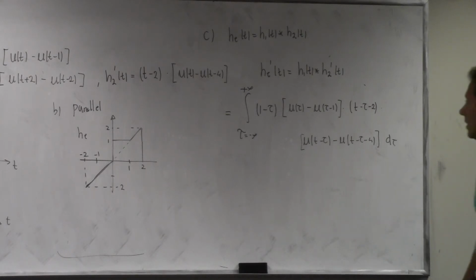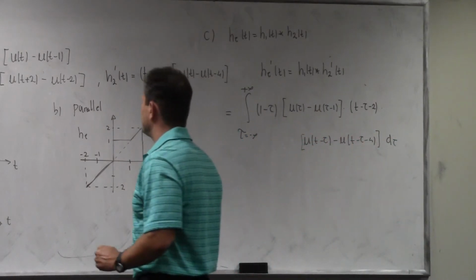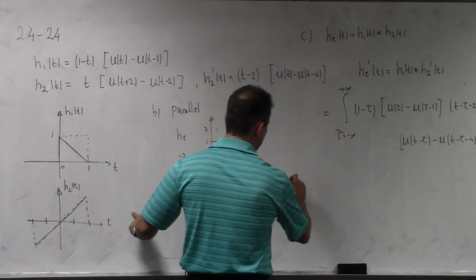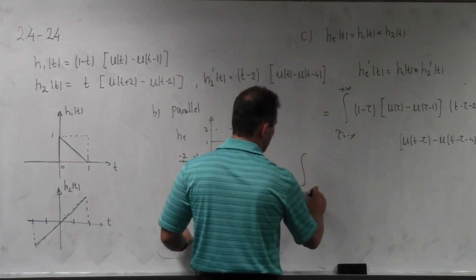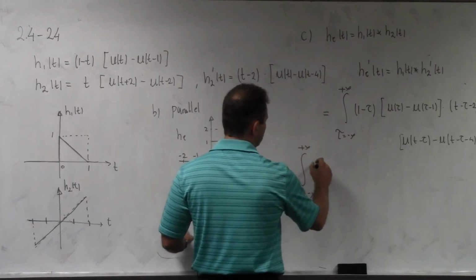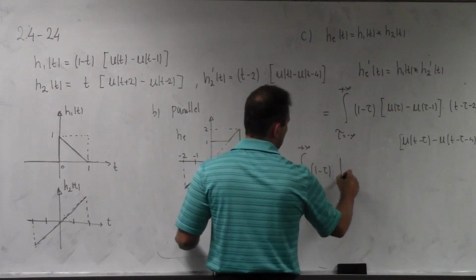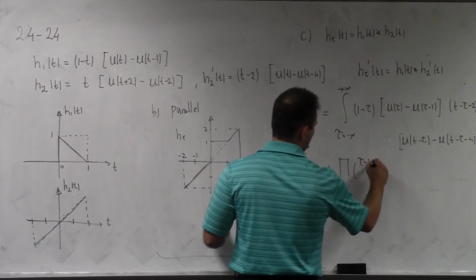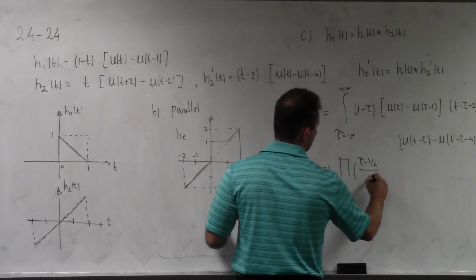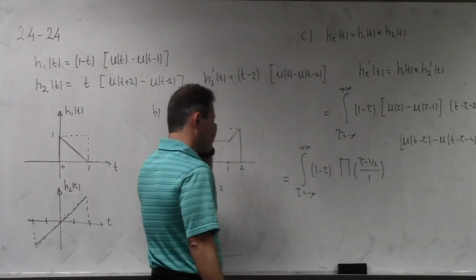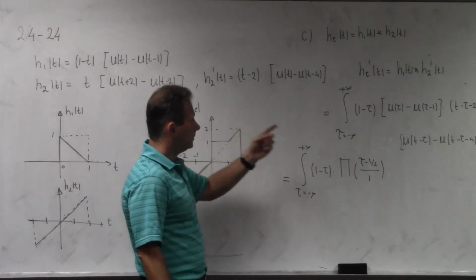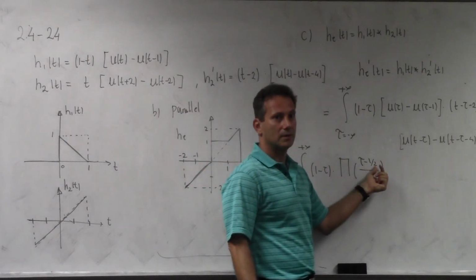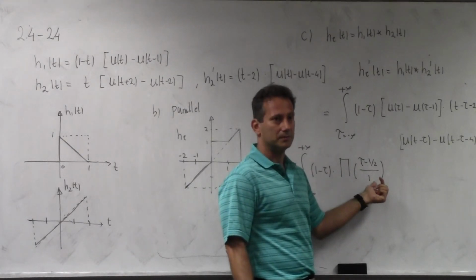Another way how I would represent this is to rewrite it a little bit differently. I'm going to say this is the integral with tau from minus infinity to plus infinity of 1 minus tau times pulse at tau minus 1/2 over 1. This is essentially a pulse centered at 1/2 with a width of 1.